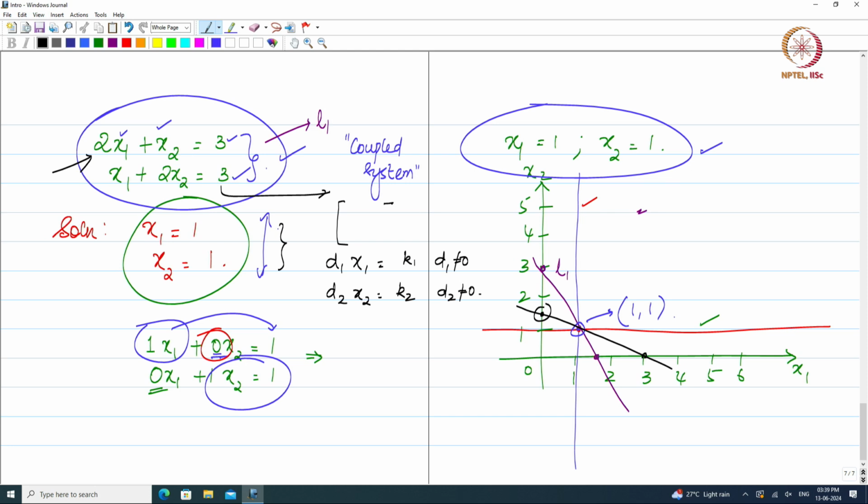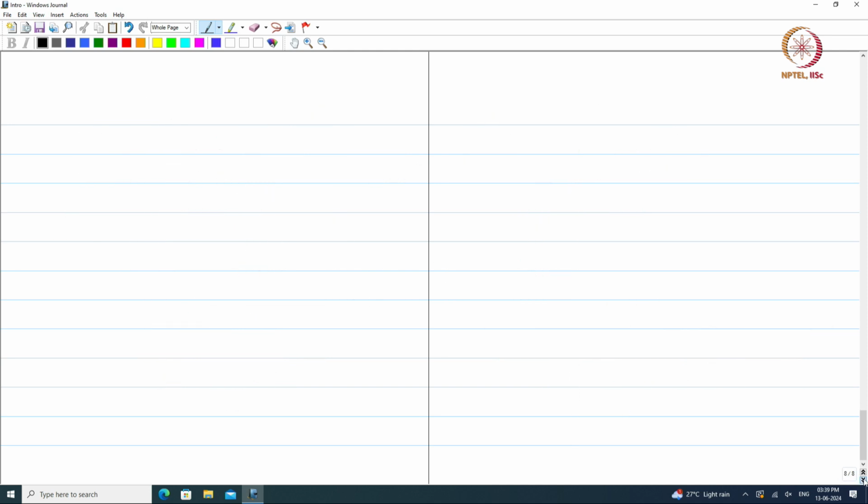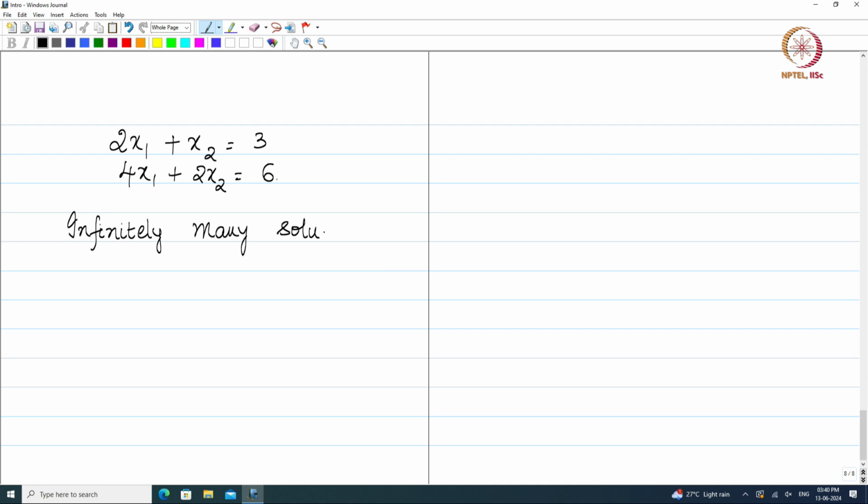Now let us go back to the next example that we took, the case of infinitely many solutions, where we had 2x1 plus x2 is equal to 3, 4x1 plus 2x2 is equal to 6. We had this system of equations, and in this case what we said is, look, this has infinitely many solutions. Now what do we mean by that? Let us look at it for a minute.